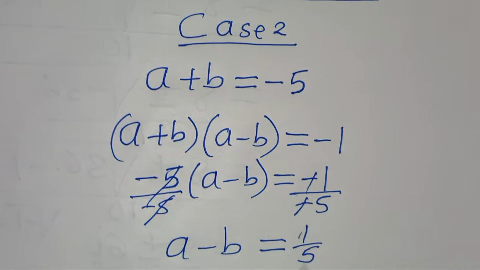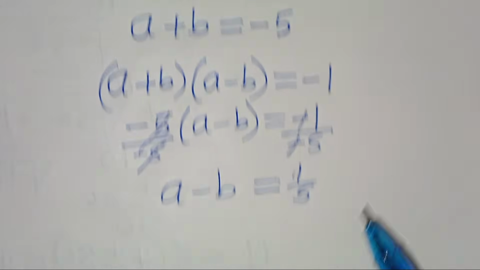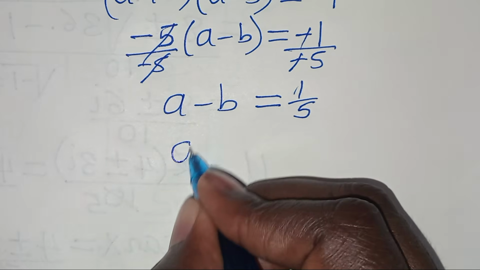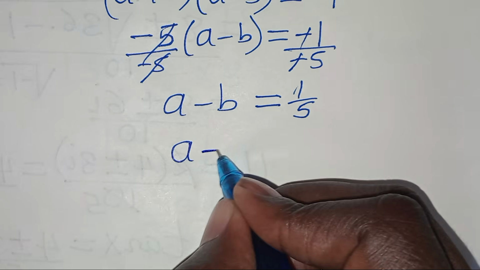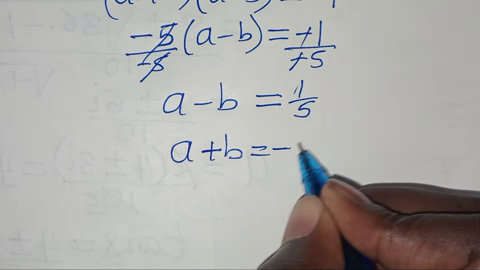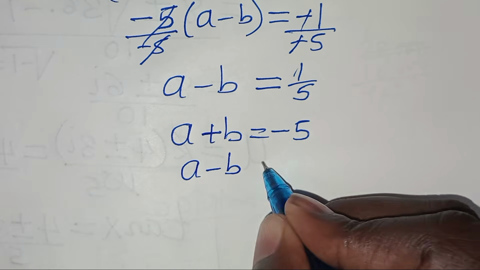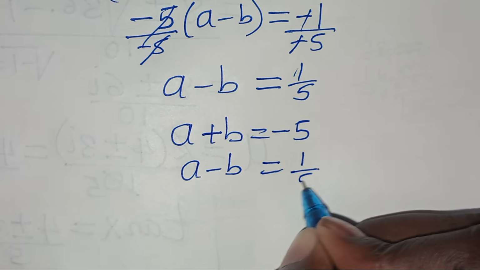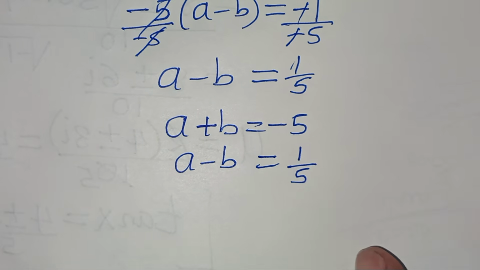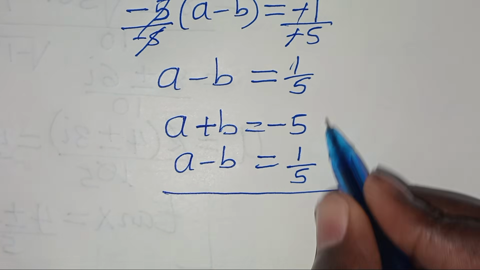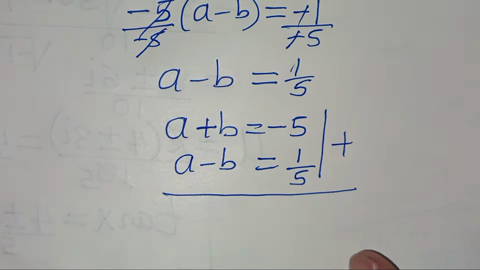Now given that we have a plus b is equal to negative 5, and a subtract b is equal to 1 over 5, these are systems of two linear equations, so let's sum these two equations.